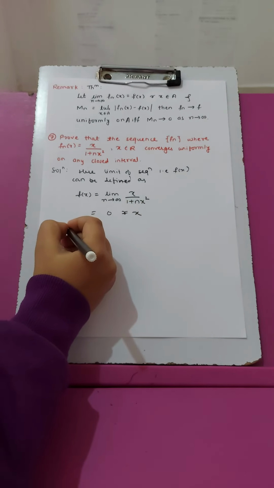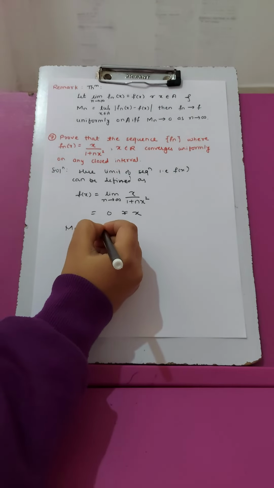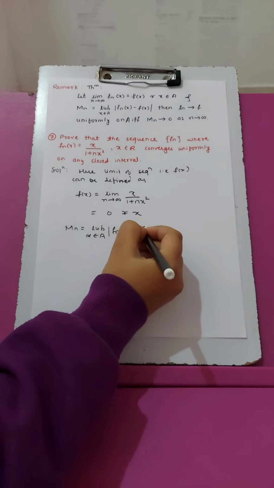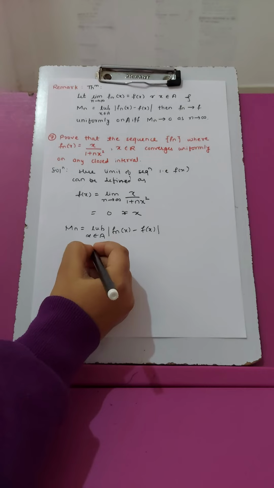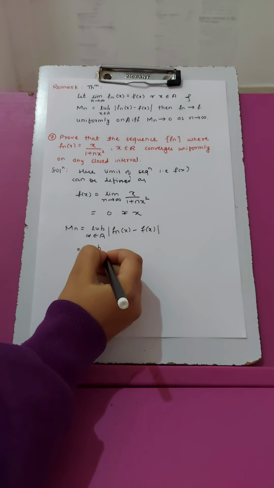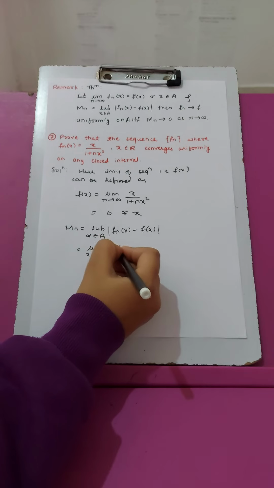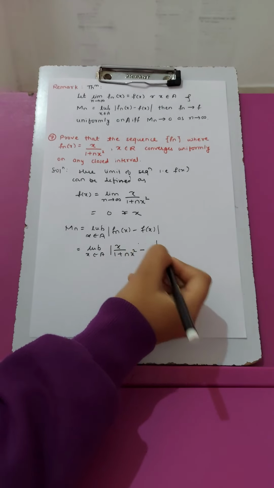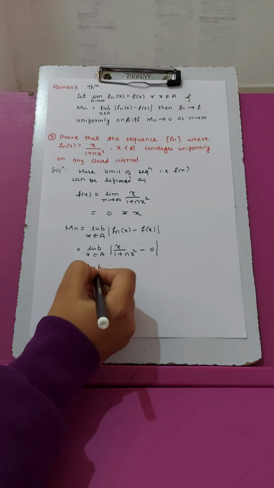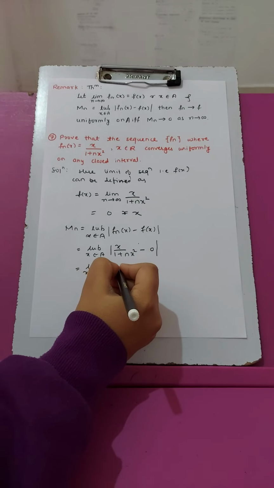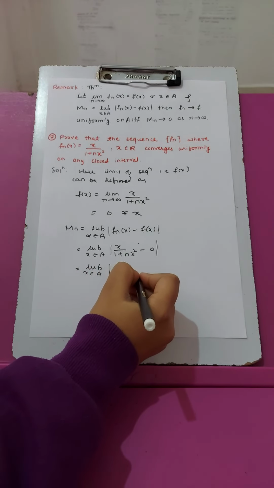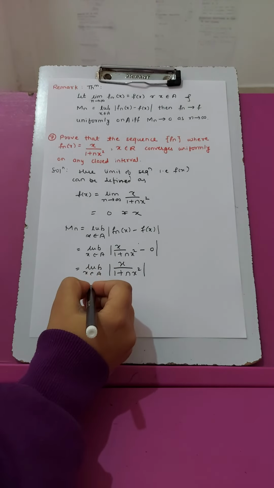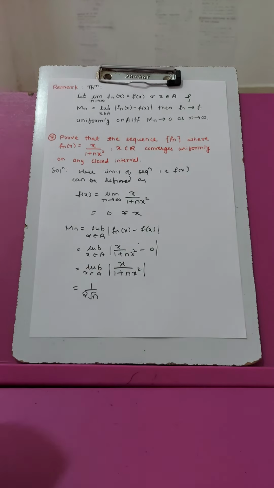So we know that Mn is equal to lub for x belongs to A of mod of fn of x minus f of x. So the lowest upper bound for x belongs to A of x upon 1 plus n x square minus 0, which will be equal to the lowest upper bound of mod of x upon 1 plus n x square, and the supremum of this will be 1 upon 2 under root n.